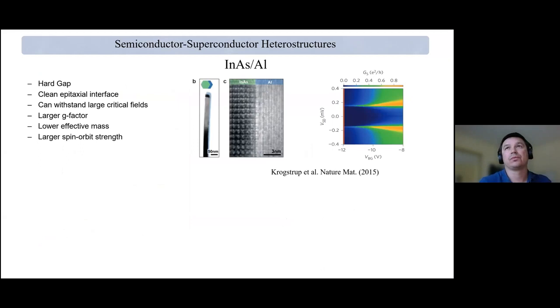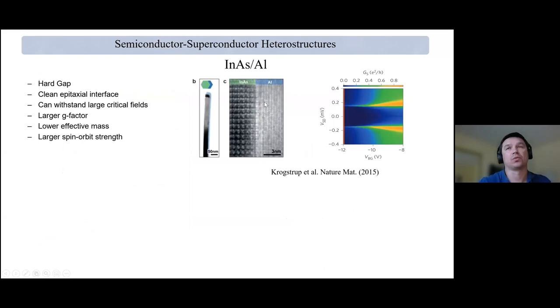So in order to make sure that we realize a clean system and we have a good interface, one needs to make these interfaces between semiconductor and superconductor very pristine.